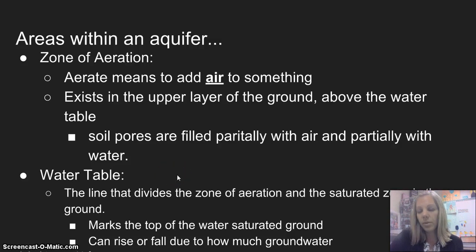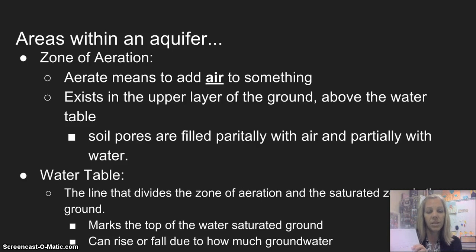Okay, so moving on, and please pause if you need to get the notes, but your second vocab term is water table. Water table, as you know, is the imaginary line that divides the zone of aeration, which again is up here, includes air and water in the pores, and the saturated zone, which means it's all water in the pores.